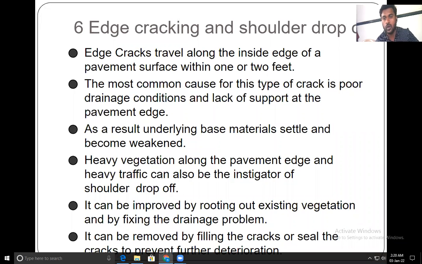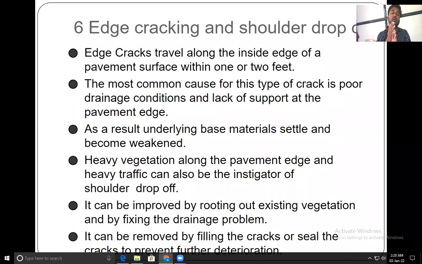Edge cracks travel along the inside edge of the pavement surface within 1 or 2 feet. It may be 1 to 2 feet only. The most common cause of this type of crack is poor drainage condition and lack of support of the pavement. Suppose proper drainage is not provided at the shoulder, where the surface and the shoulder meet, at the end of the surface layer.